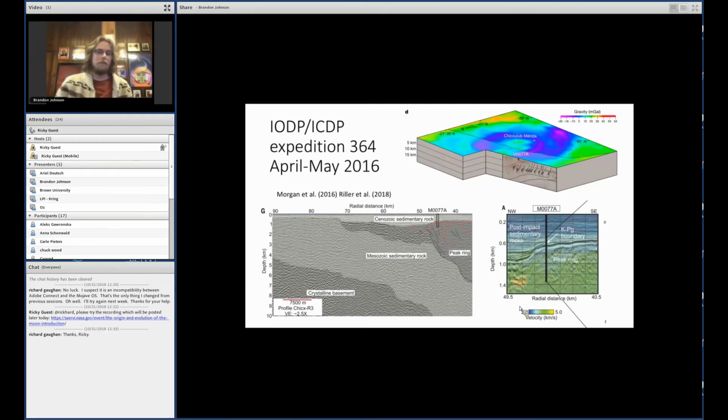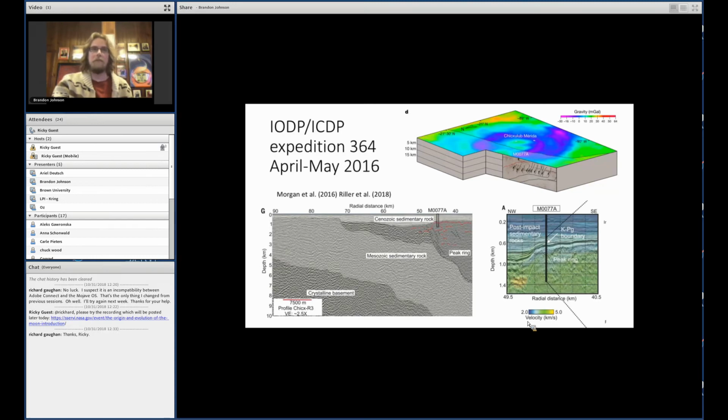On the bottom left, we have some sense of our thinking of what the structure of the peak ring of Chicxulub is. We have a crystalline basement at the bottom, and above that we have some Mesozoic sedimentary rocks that collapsed into the transient crater. And then above that we have peak ring material.